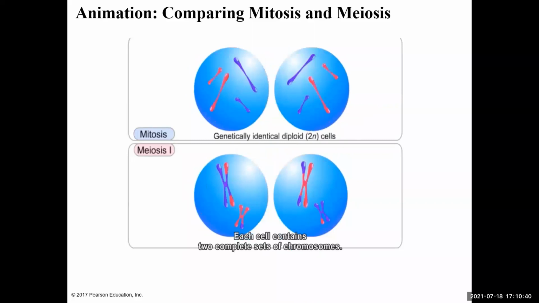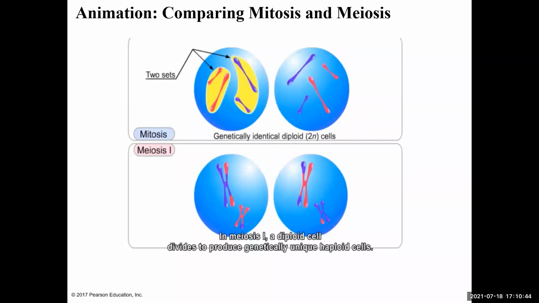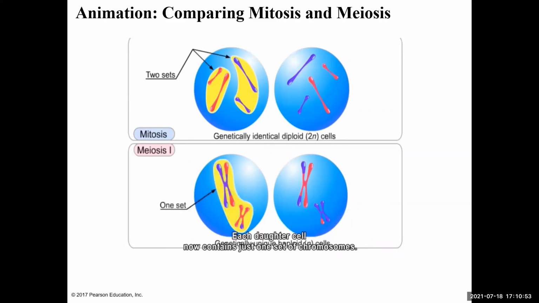Each cell contains 2 complete sets of chromosomes. In meiosis 1, a diploid cell divides to produce genetically unique haploid cells. Each daughter cell now contains just 1 set of chromosomes. Meiosis 1 is known as a reduction division because the outcome is a reduction of chromosome number.